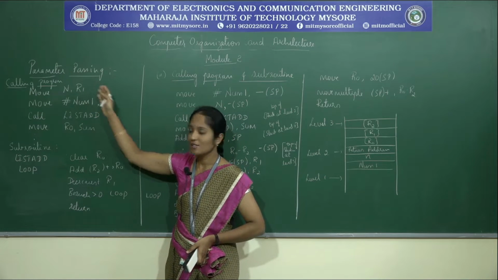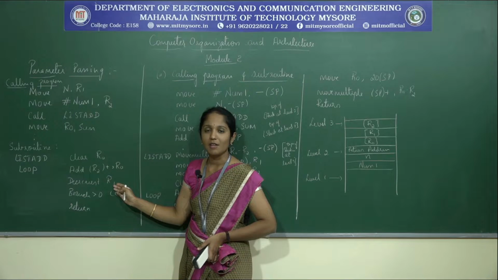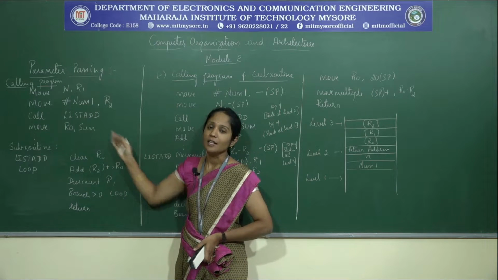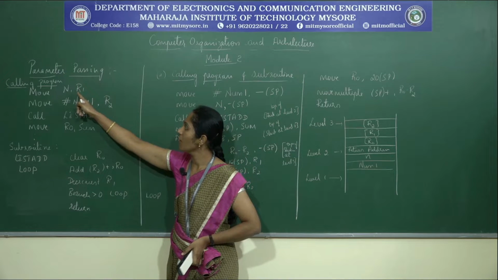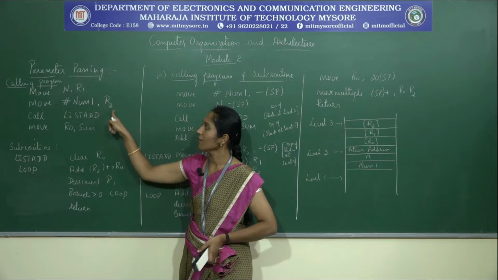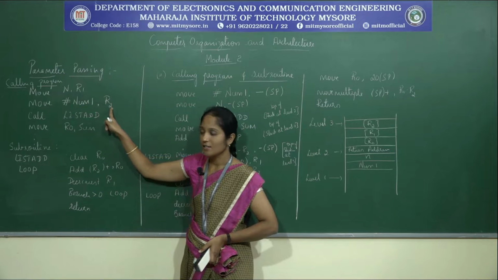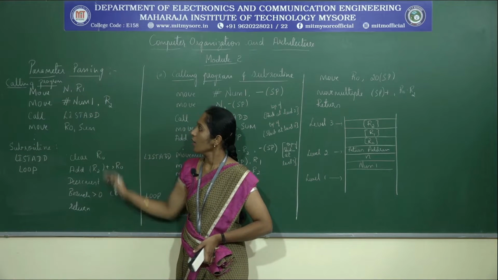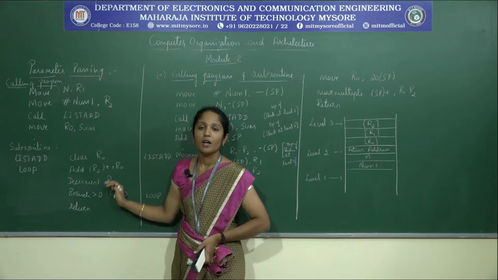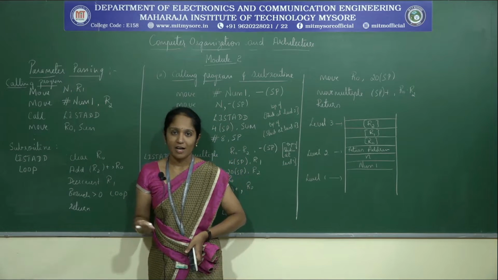Since R1 is a register, you can use R1 directly. It is not necessary to copy the contents of this register once again. If you observe, it is very straightforward. Here we are storing the values in the registers, and the same registers are being used in this case. Therefore, this is one of the ways in which we can pass the values.